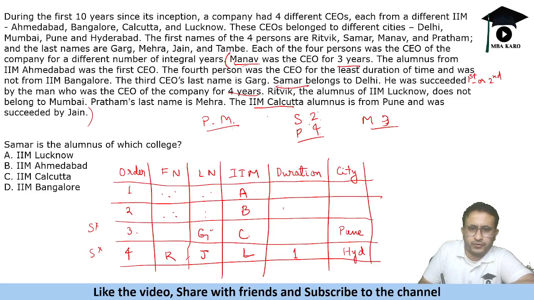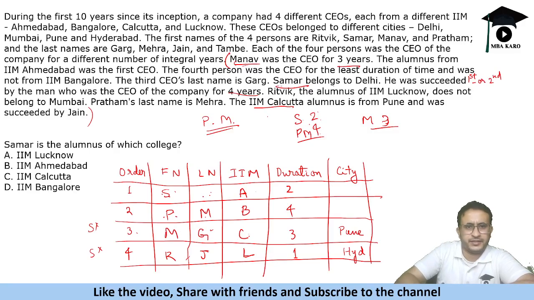So we will have 2, 4, 3, 1, and this is Samar, and this is Pratham Mehra. So this will be Manav Garg, and the surnames remaining are Garg, Mehra, Jain, and Tambe. So it is Samar Tambe.